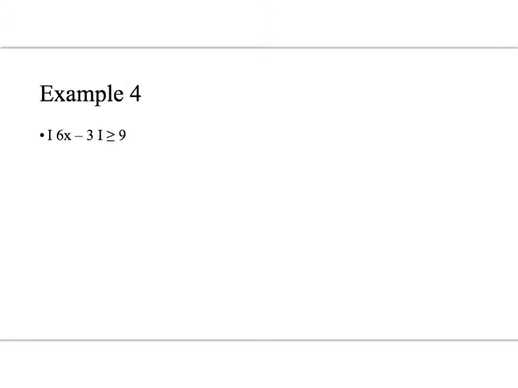Alright, this is a greater than, so a greater than should be an OR statement. So when we graph, it should end up looking like an OR. So you would have 6x minus 3 is greater than or equal to 9. And then 6x minus 3 is less than or equal to negative 9. When I flip it to a negative, I have to flip the inequality.